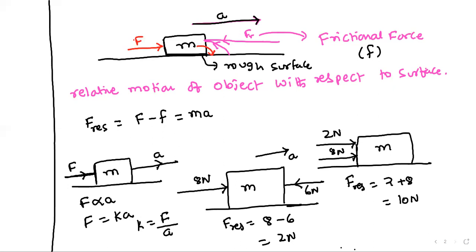So K defines how much force is to be applied on the object and how much acceleration will be obtained from the object. So K defines the property of the object, the basic or fundamental property of the object, which is mass. That's why instead of K, we are substituting M.